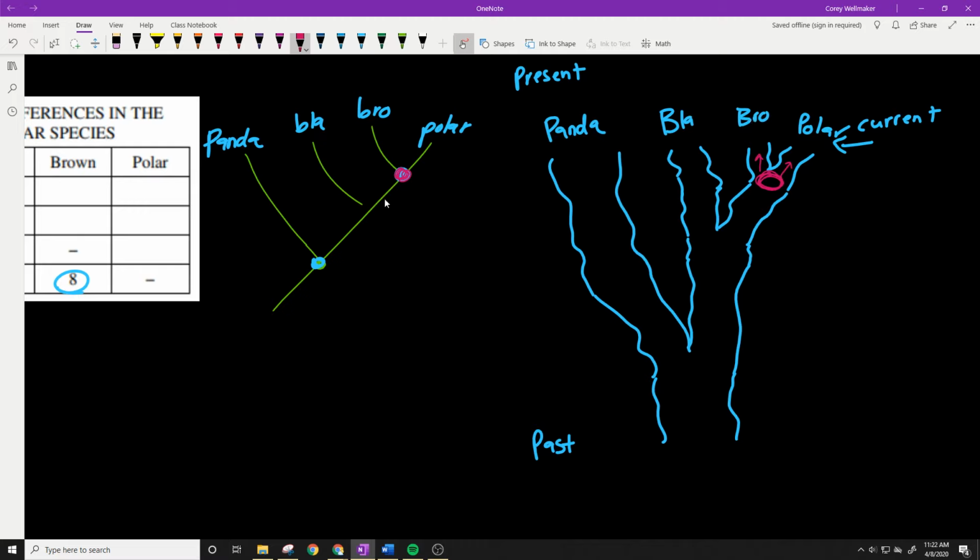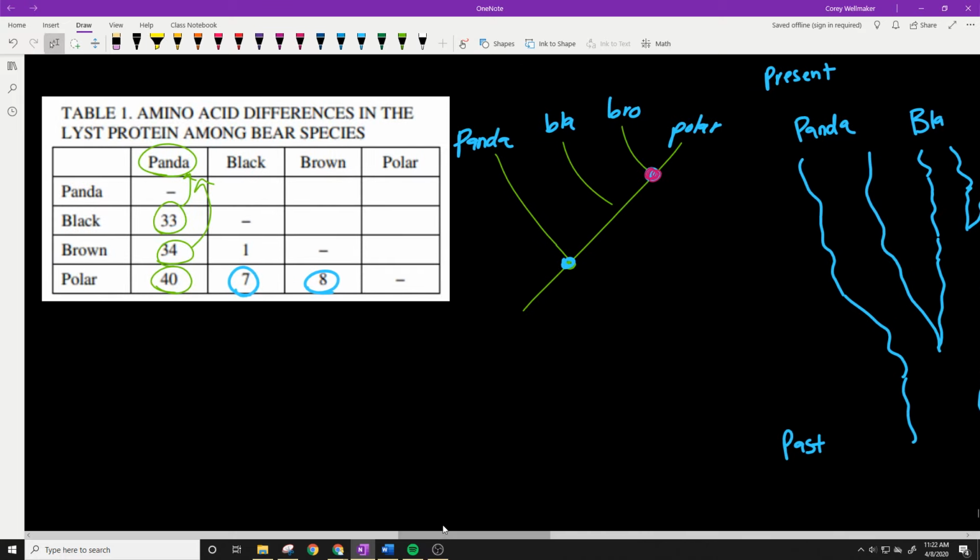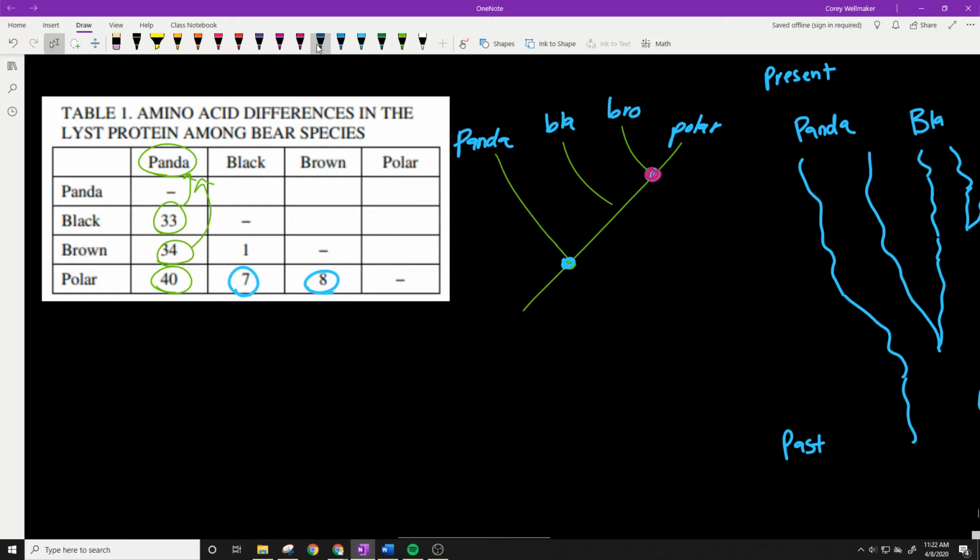But if you look at the similarities between brown and polar, what do you see? Brown, polar, you see 8 differences, but you only see 1 difference between brown and black. So that suggests that the brown and the black split, that's the split that happened most recently.